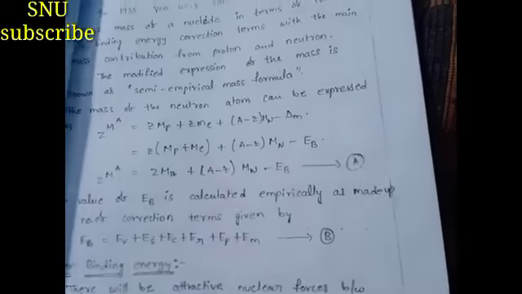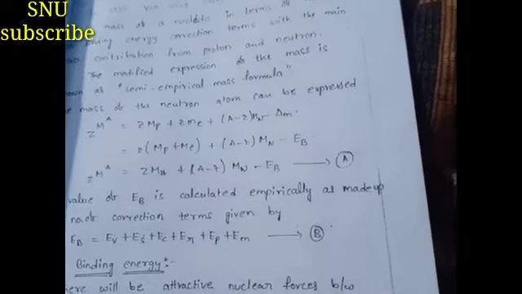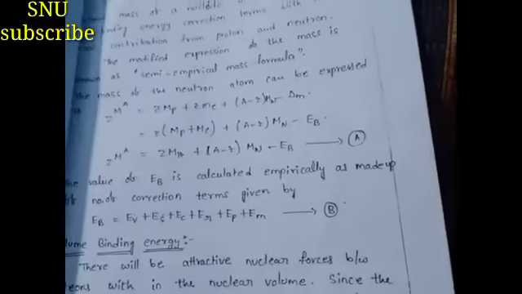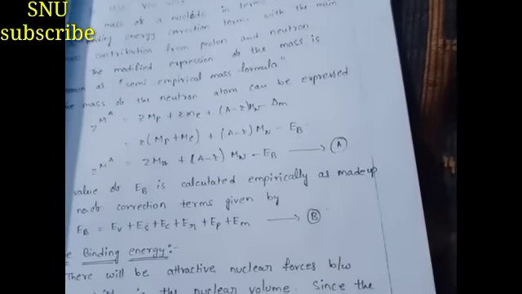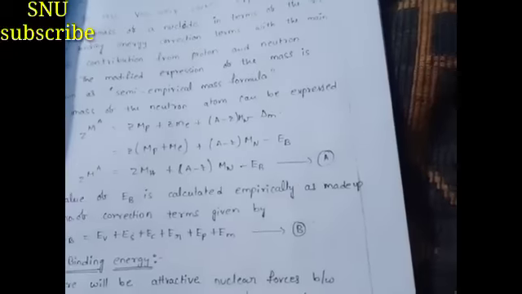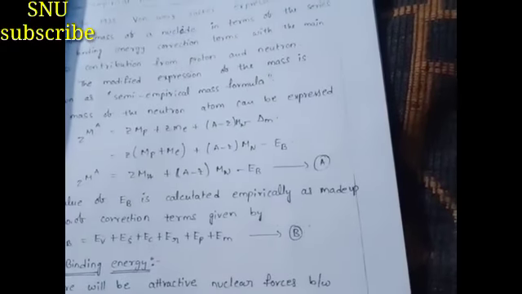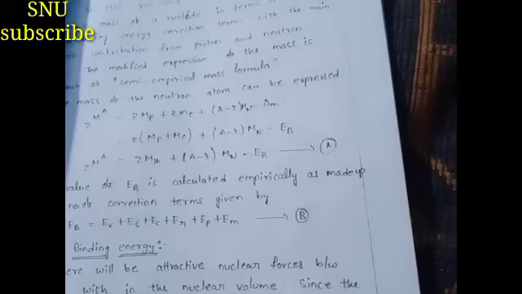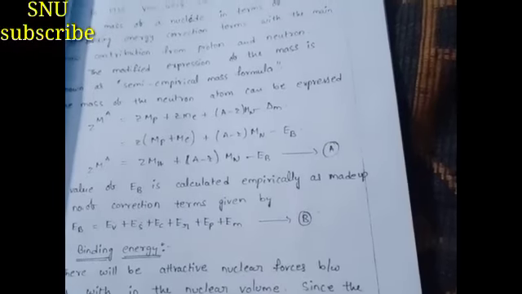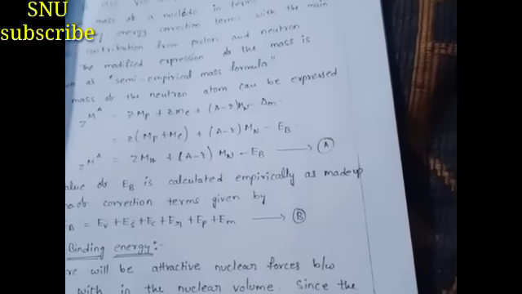The mass of the neutral atom can be expressed as ZMA is equal to ZMp plus ZMe plus (A minus Z)MN minus delta M, which is equal to ZMp plus ZMe plus (A minus Z)MN minus Eb.